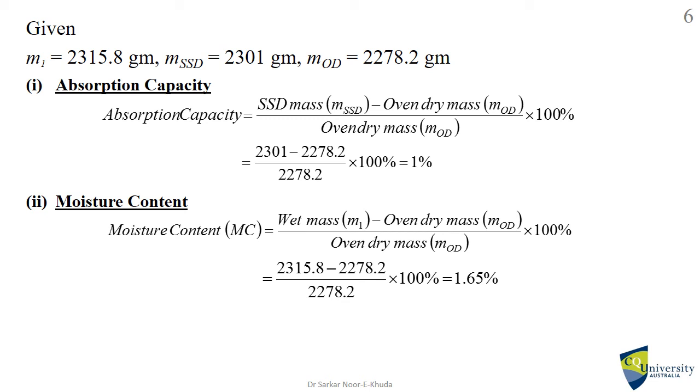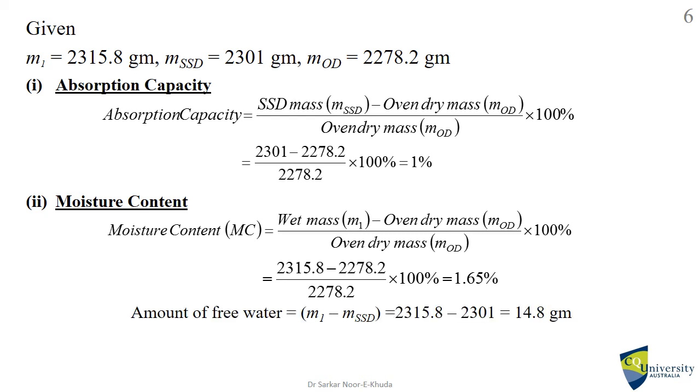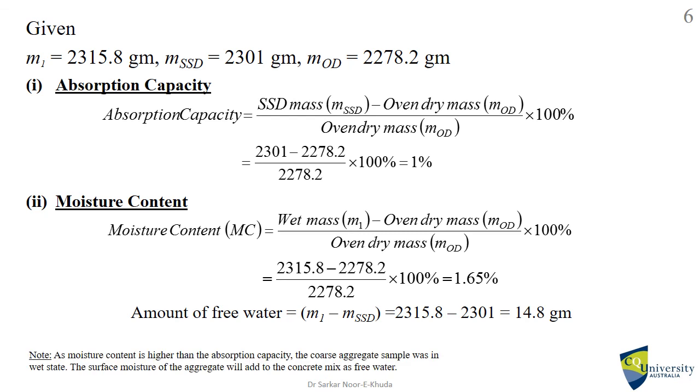As moisture content of the supplied aggregate is higher than the absorption capacity, the coarse aggregate sample was in wet state. The surface moisture of the aggregate will add to the concrete mix as free water. The amount of free water from the sample will be the mass in excess of MSSD, which is 14.8 gram. This ends the problem here.